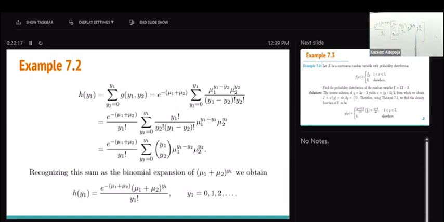we need the idea of binomial expansion. From binomial expansion, if I have a plus b raised to power n, what am I going to have? If I have n combination 0, I'm going to have a raised to power 0, b raised to power n. I'm going to keep going, right? You remember this?